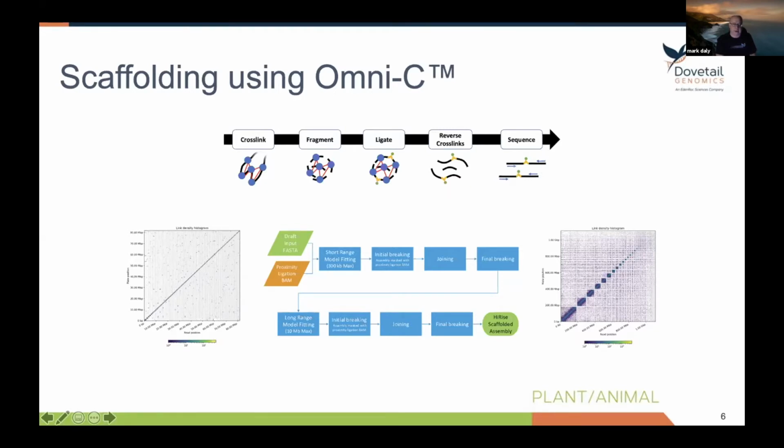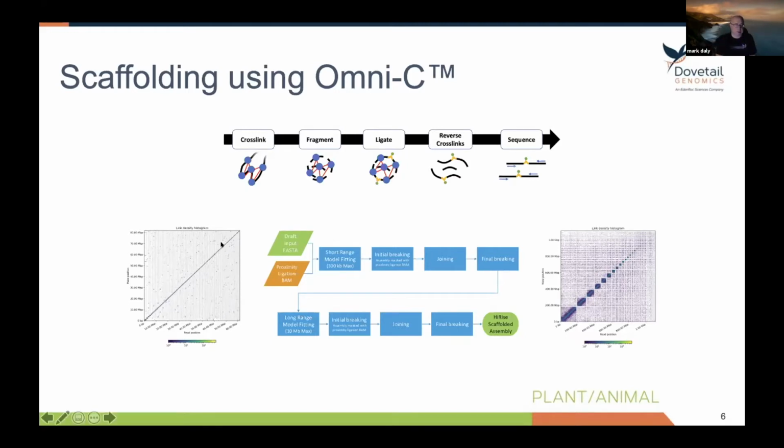And then that data goes into our HiRise pipeline. And HiRise is essentially taking the scaffolding sequencing data plus your draft assembly that you built with PacBio, and it essentially tries to build super scaffolds up to chromosome scale.